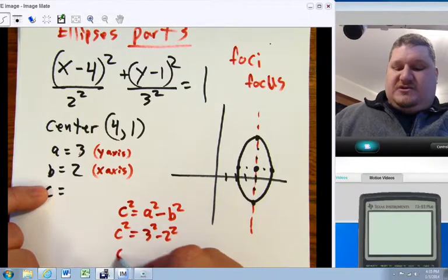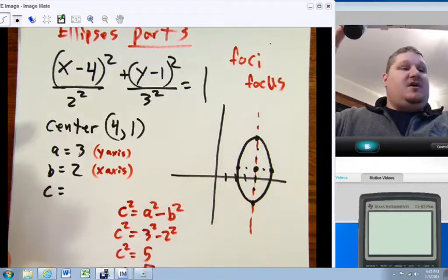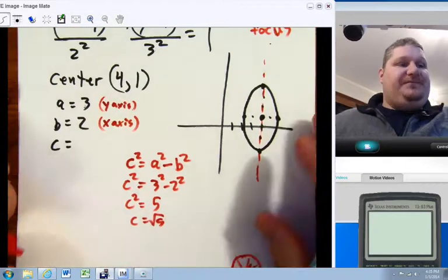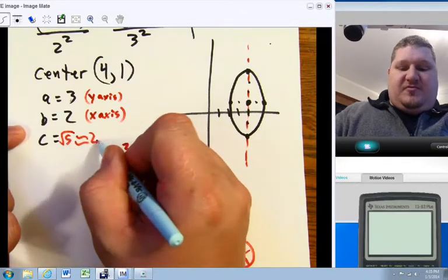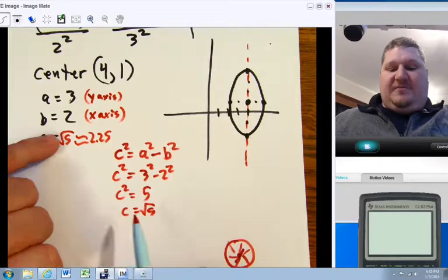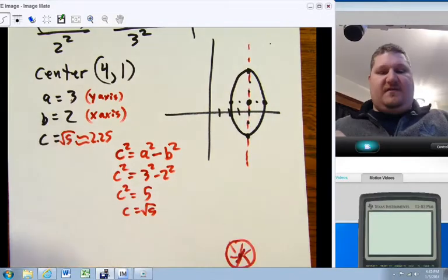So c squared is going to equal 5, so c equals the square root of 5. Now, the square root of 5 is approximately 2.25. I prefer that you leave it as the square root of 5, but when we go to count it on the graph, we're going to need some sort of estimate.